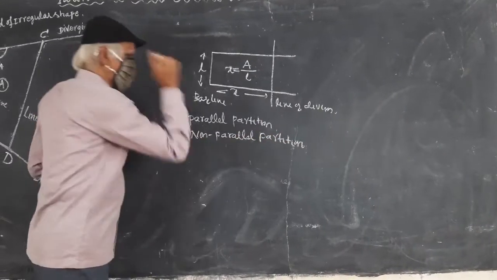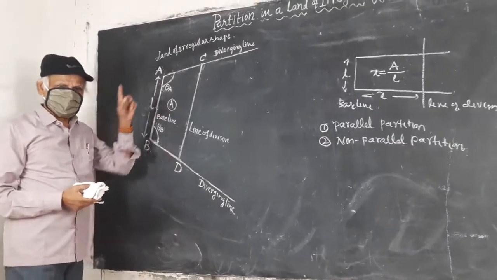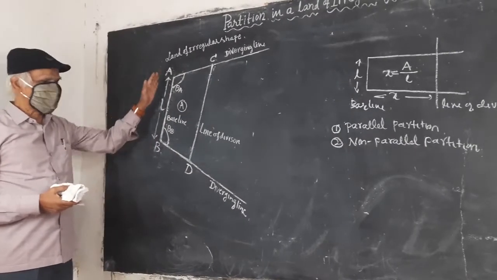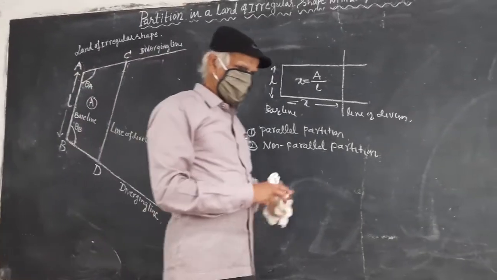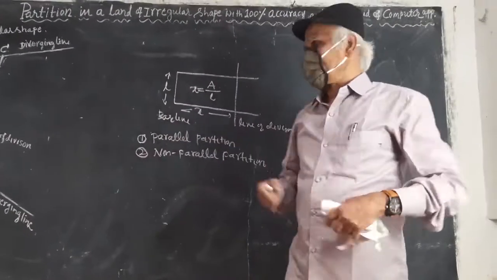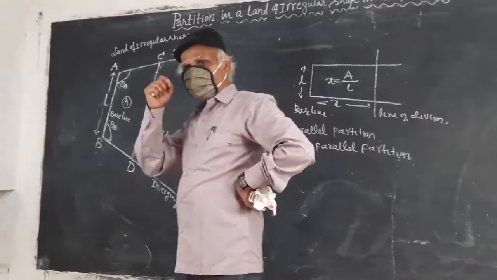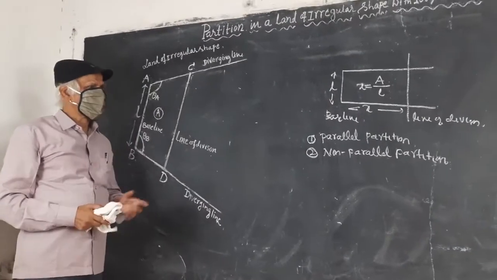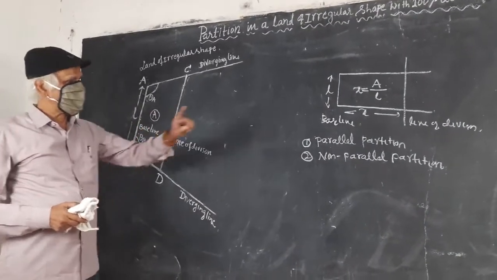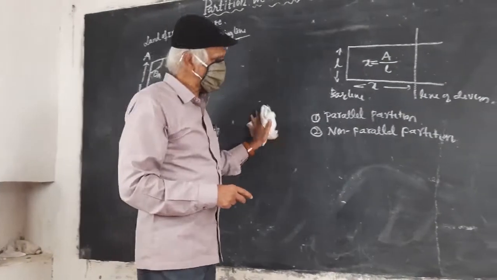So parallel partition is one in which the line of division is parallel to the baseline. If this is not so, then it is a non-parallel partition. In this video, I will consider only parallel partition.